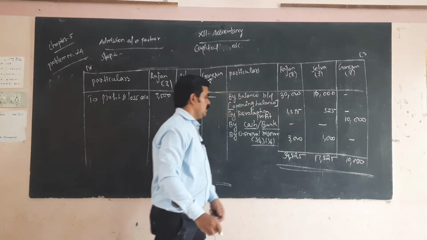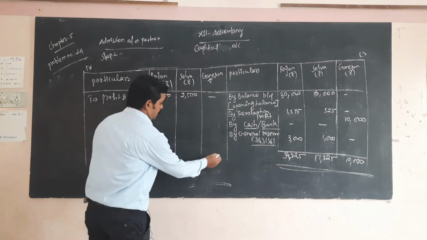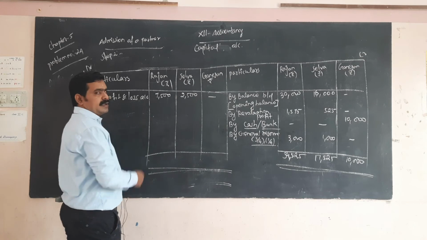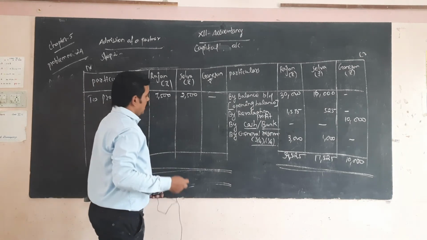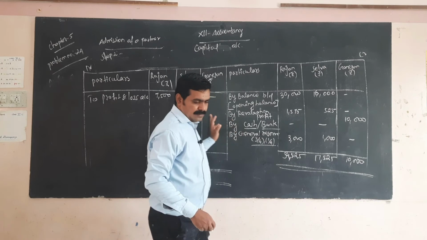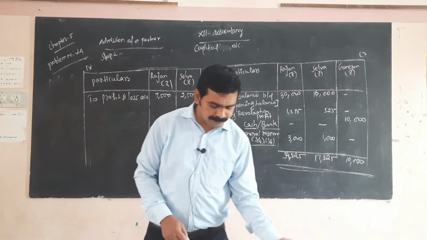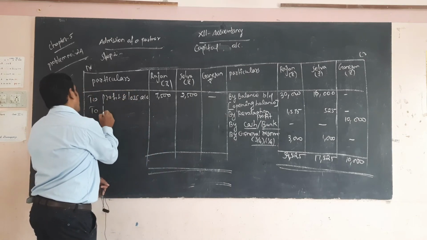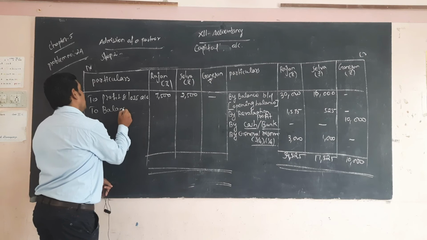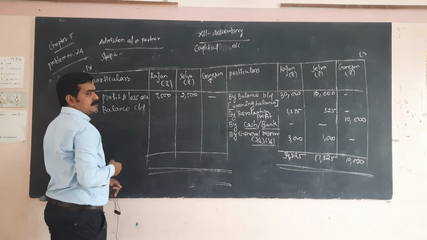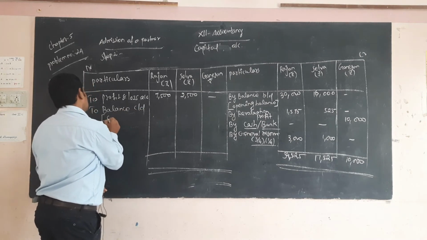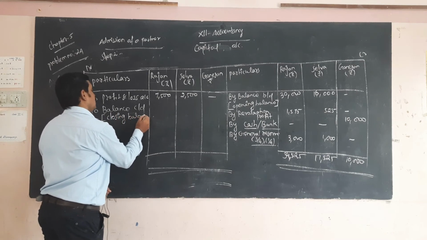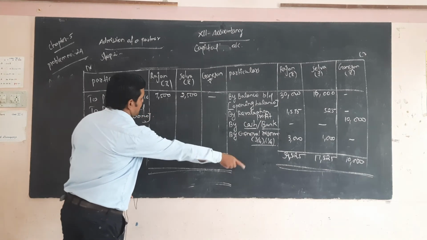Now I have to separate from this value here and there. What is the balancing value? 27,000. So to balance, carry down. This is called the closing balance. You have to separate from this value.